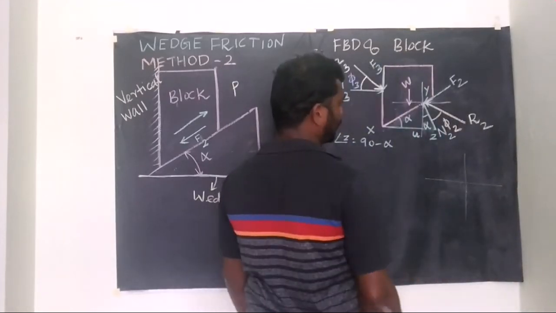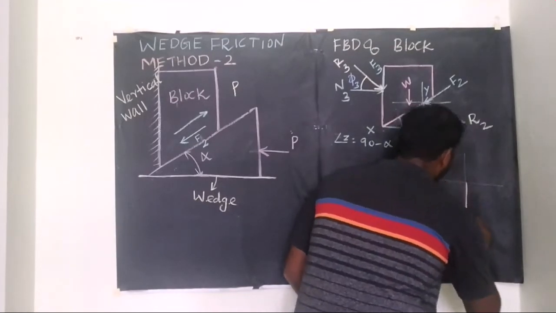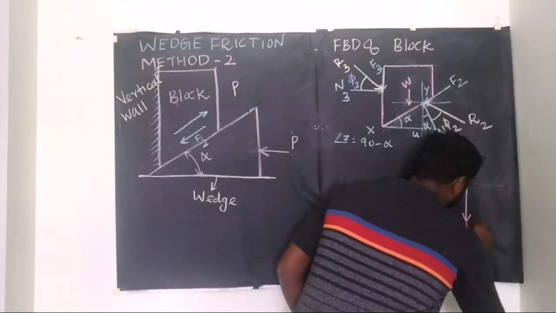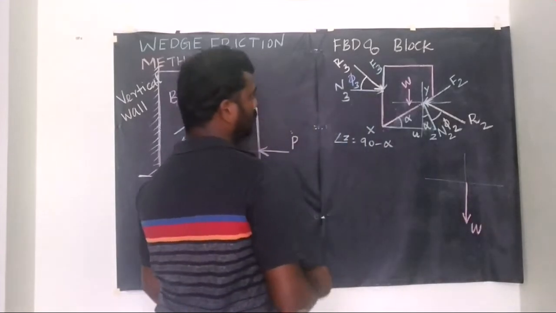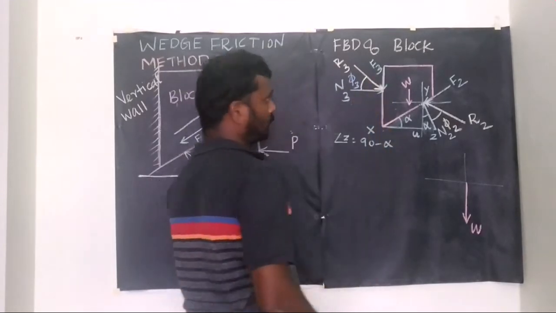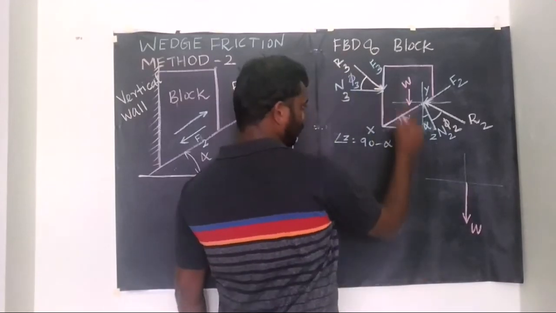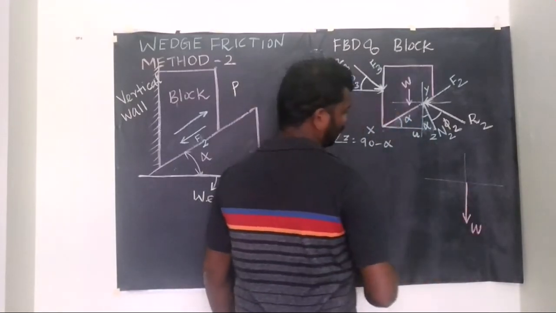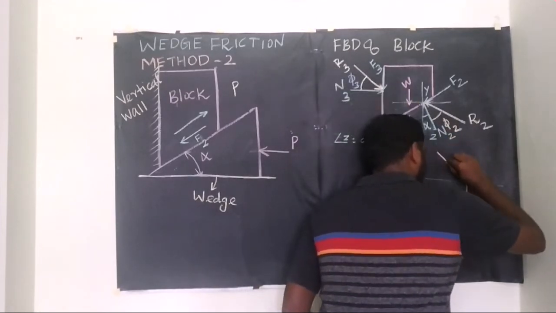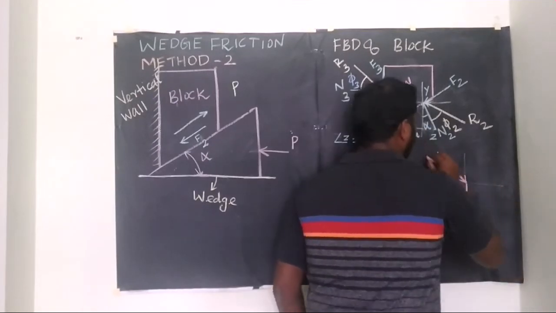Here the self weight is acting towards the ground, that is mentioned here as W. Then the resultant force R3 comes in the second quadrant. That force meets the origin of this reference x and y line. This is resultant force R3 in the second quadrant.